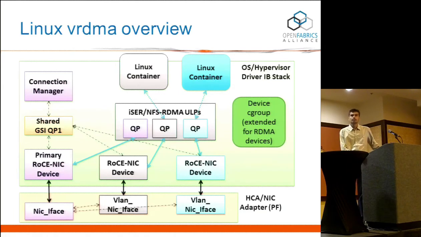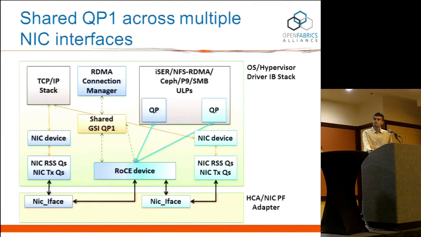Yes, please. Shared GSI QP model. It seems that there are security implications. I mean, you're going to need to put it on a global VLAN ID, which means that the peers will need access to that VLAN ID, which means they can attack each other as well as the CM. How's that protected? So there are two levels of filter.